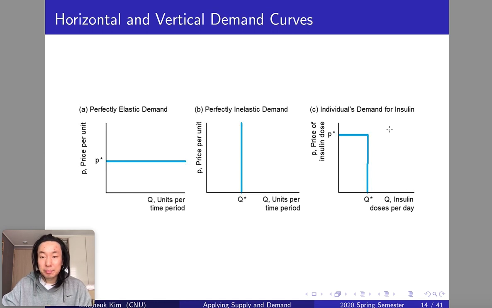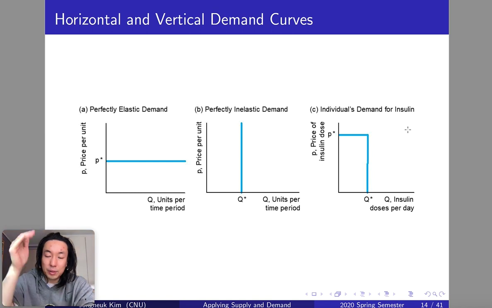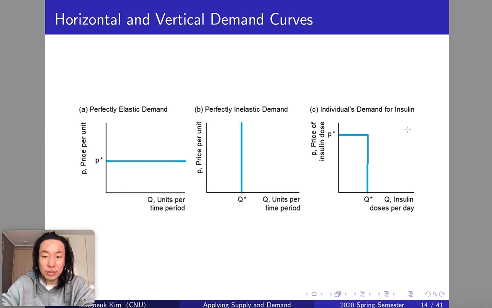A good example is insulin, so let's think about the demand for insulin. It is a medicine, but above a certain level you don't need more insulin, because above that level you're already dead, right? So you don't need insulin anymore.